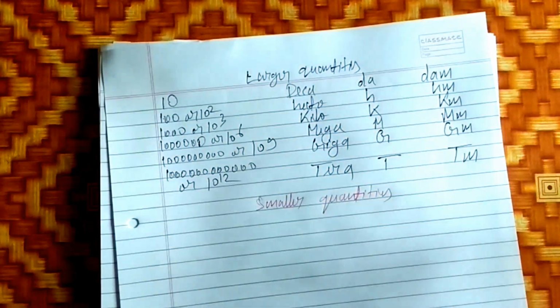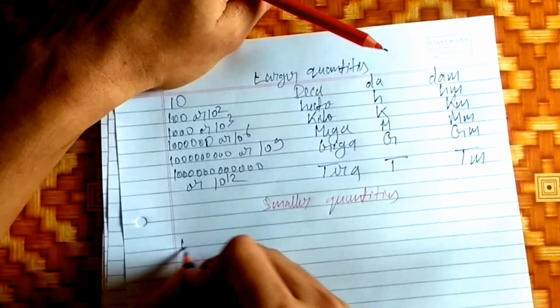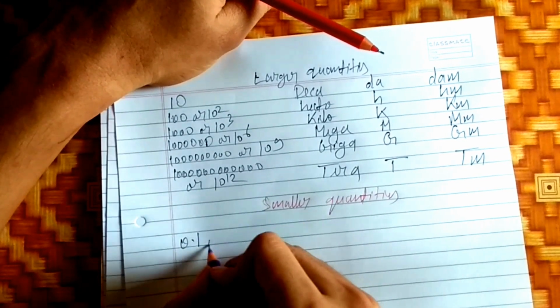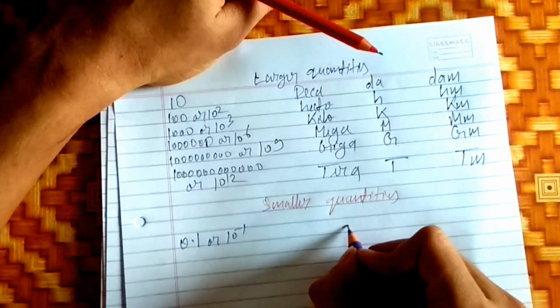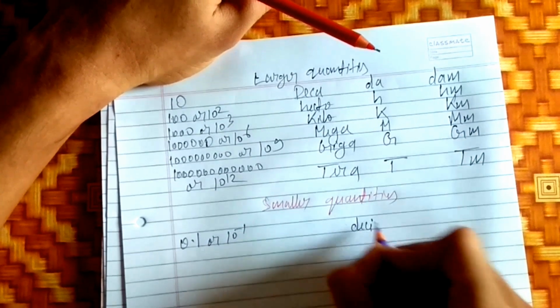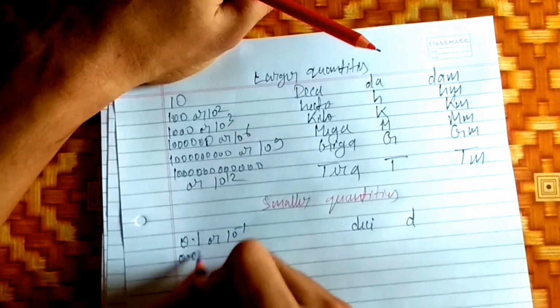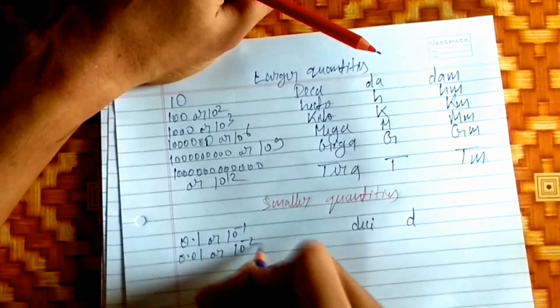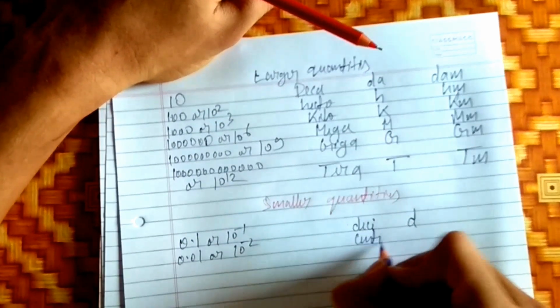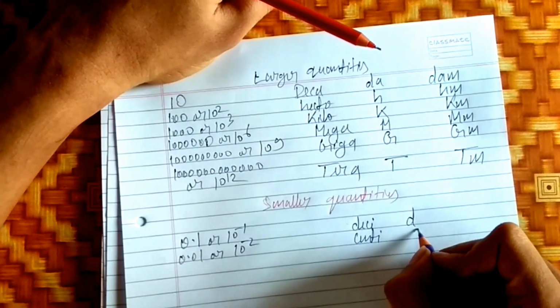These are like 0.1 or 10 to the power minus 1, it is known as deci, abbreviated as d. For 0.01 or 10 to the power minus 2, it is centi, abbreviated as small c.